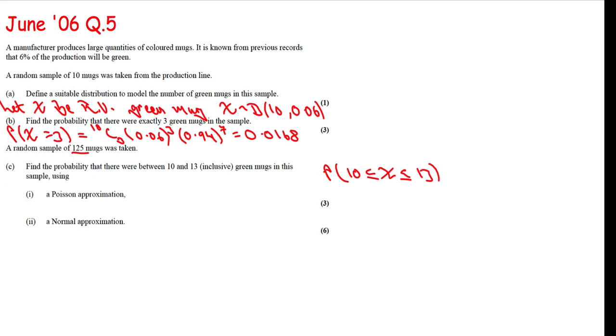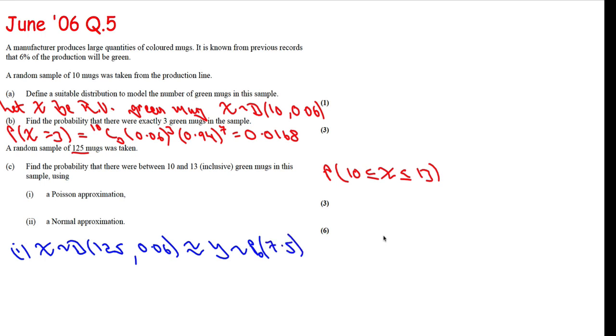Let's do part 1 here. If x has a binomial distribution with 125 as the value of n and 0.06 as the value of p, that is like modeling a random variable y that has a Poisson distribution with parameter 7.5.